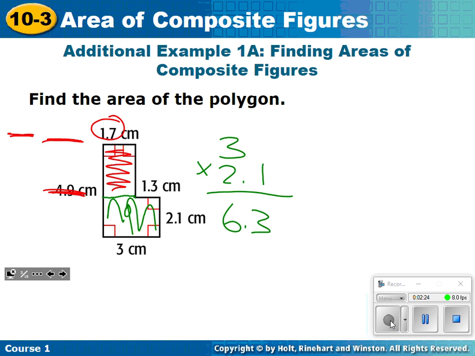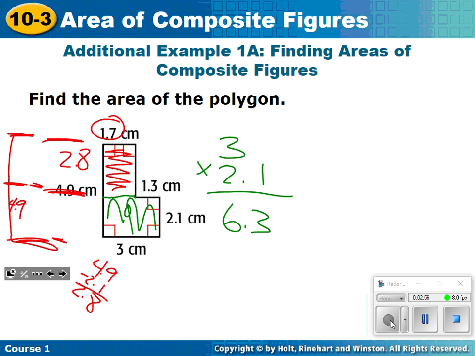Because from here to here is 4.9, but from here to there is what we're looking for. Do we know the distance from here to here? Sure we do. So let's go 4.9 minus 2.1 is 2.8. So this is 2.8. Now we have to go 2.8 times 1.7.